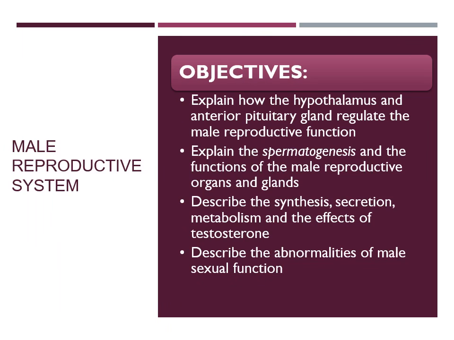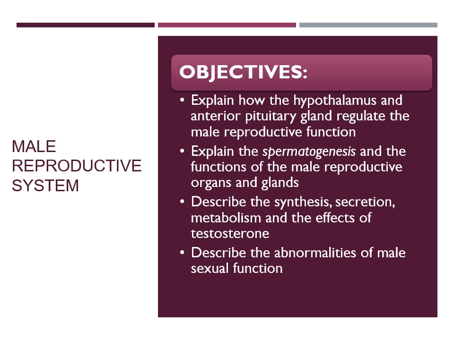our objectives of this lecture are to explain the regulation of the male reproductive function, and to explain spermatogenesis, the process of sperm formation, as well as the main functions of the male reproductive organs.